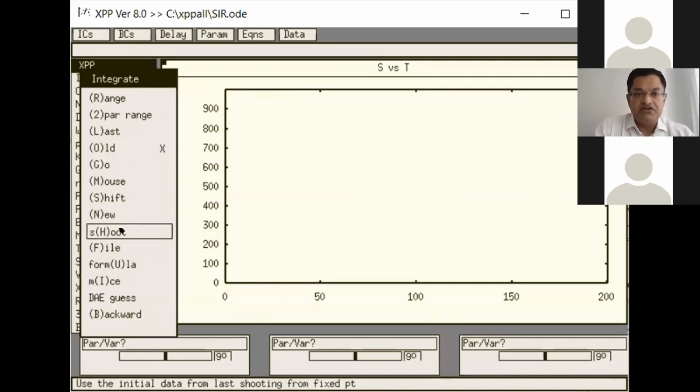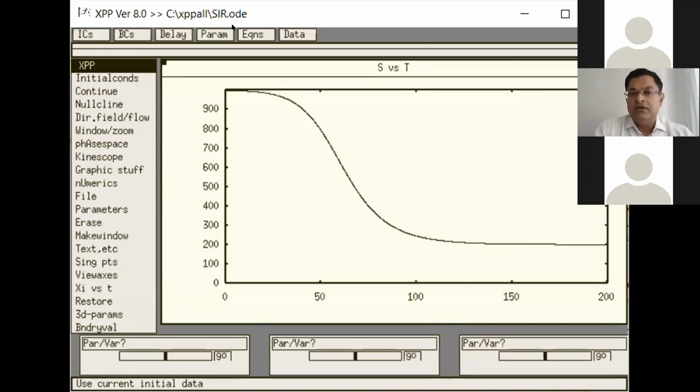Initial conditions, go. So this curve, and all of the details of how to run these simulations are there on the website that we shared with you. It's a program written by Bard Ermentrout. It's a free piece of software, very light footprint, and it makes it a charm to use differential equations, and it's really, really straightforward to use, as I've just shown you.